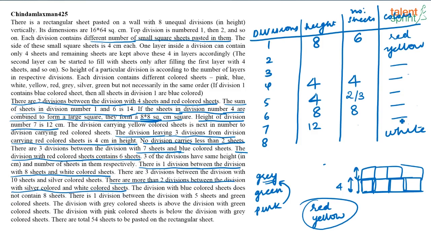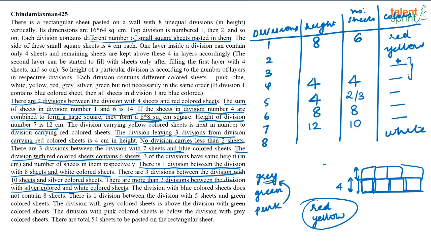So if this is white, 1, 2, 3, either of these two has to be silver, right? And it is also given there are 3 divisions between 10 sheets and silver colored sheets. So which has to be 10? See, if this is 10, then 1, 2, 3, this can be silver, correct?